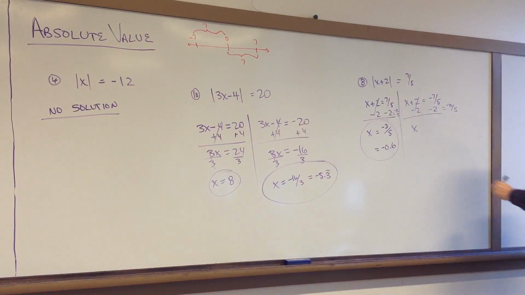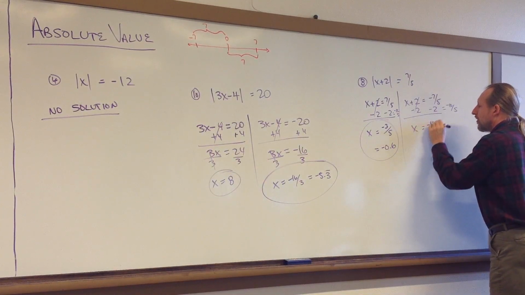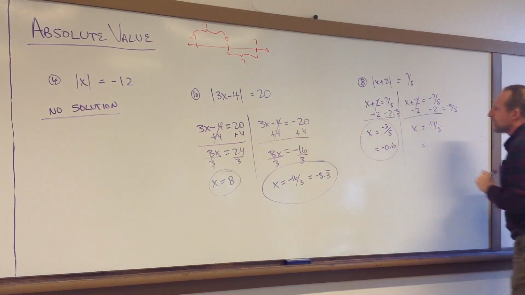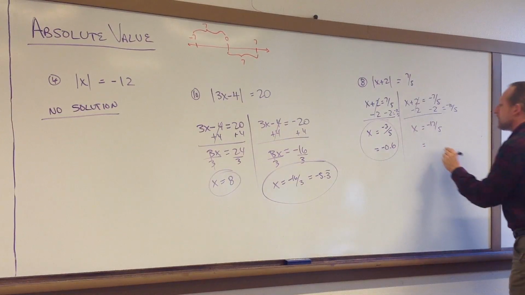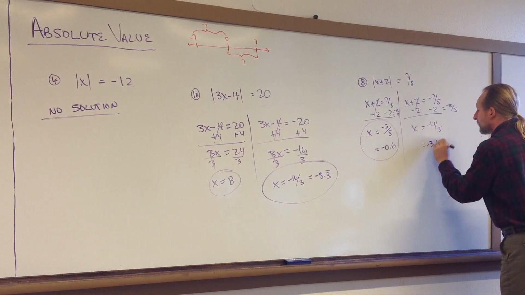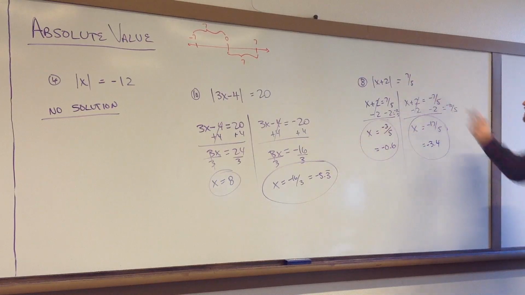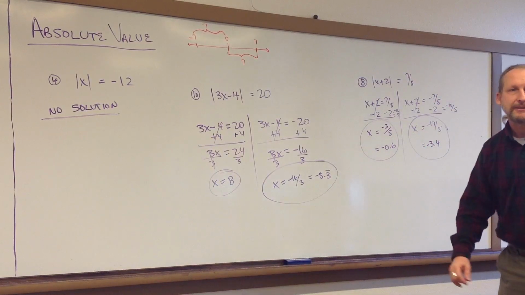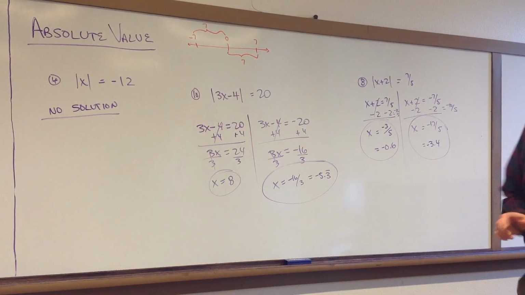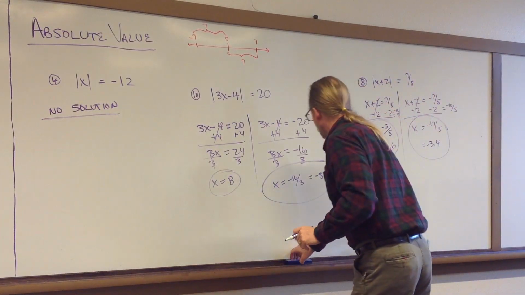Then that's going to be negative 17 over 5. And again, if you like decimals, what's that going to be there? Negative 3.4. So there's our two solutions for problem 8. All right, let's look at a few more of these.